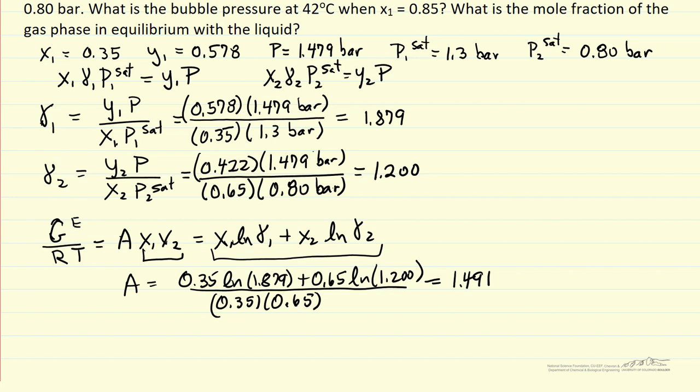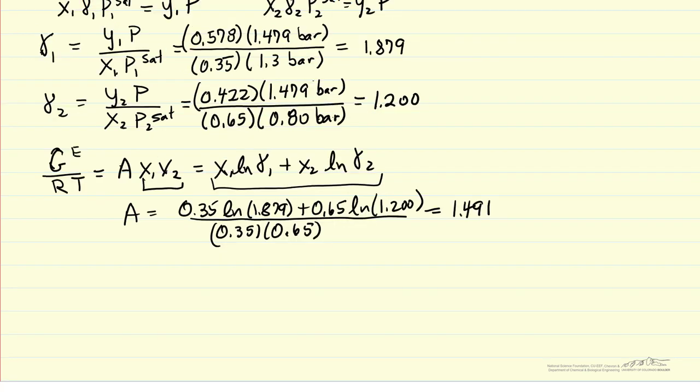We can then use this to calculate the activity coefficients at a different condition. The equation for the one-parameter model is that the log of the activity coefficient is equal to A times x2 squared for component 1, and then for component 2, A times x1 squared.